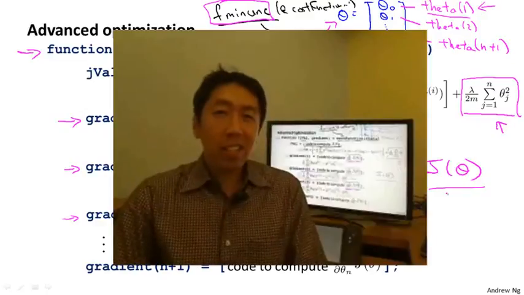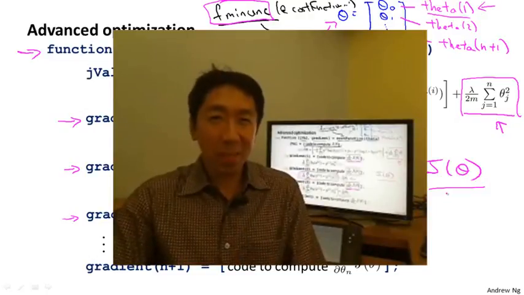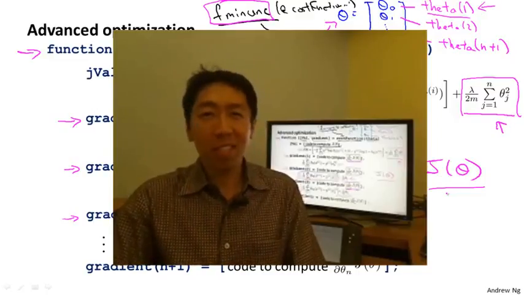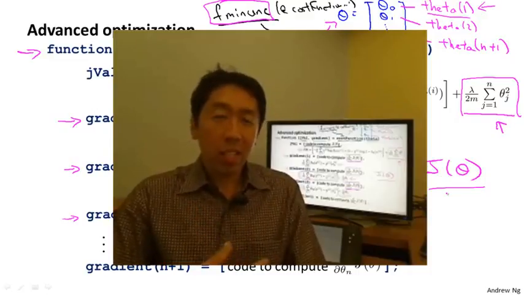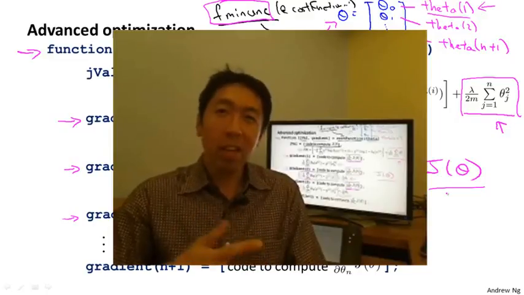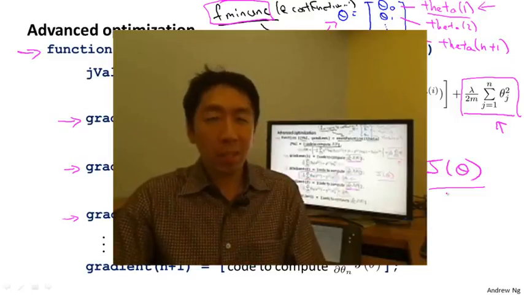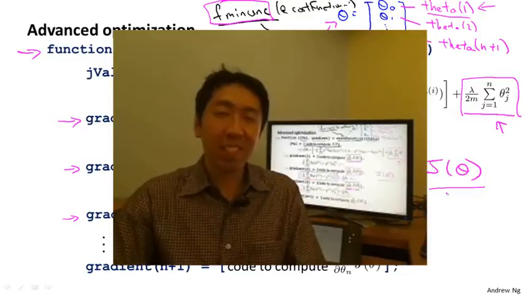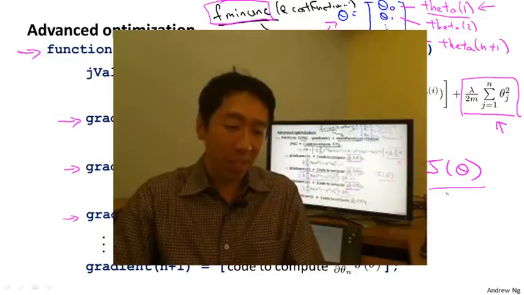When I walk around Silicon Valley, where I live, there are a lot of engineers who are frankly making a ton of money for their companies using machine learning algorithms. And I know we've only been studying this for a little while, but if you understand linear regression, logistic regression, the advanced optimization algorithms, and regularization, by now you probably know quite a lot more machine learning than many, certainly not all, of the Silicon Valley engineers out there having very successful careers, making tons of money for their companies or building great products using machine learning algorithms.